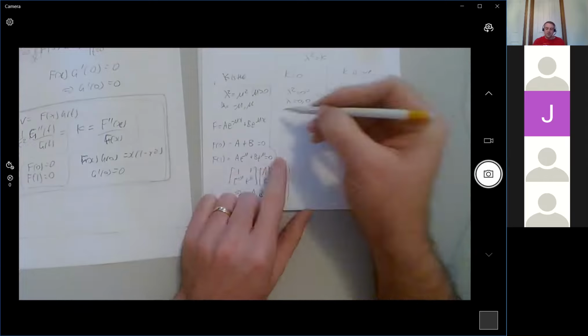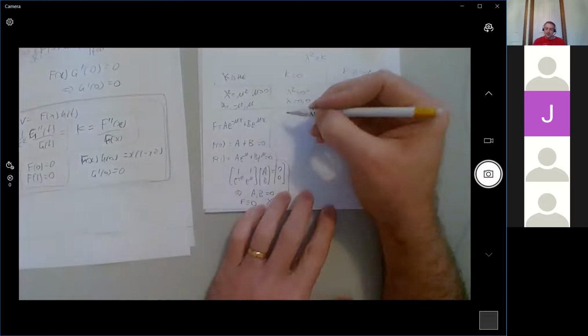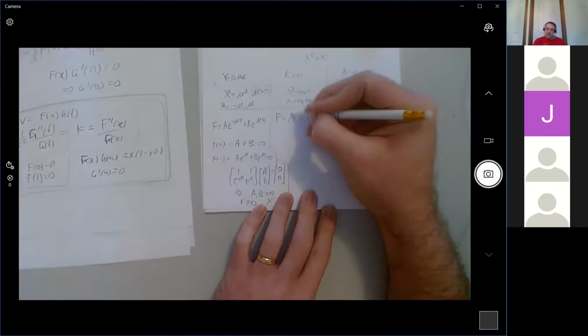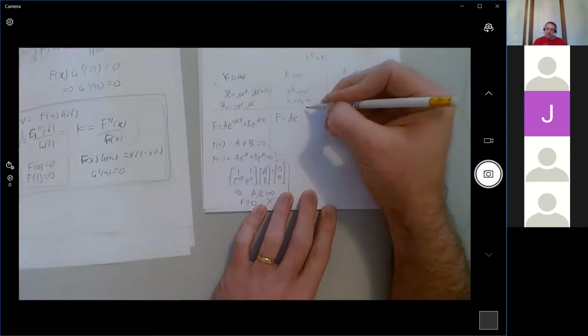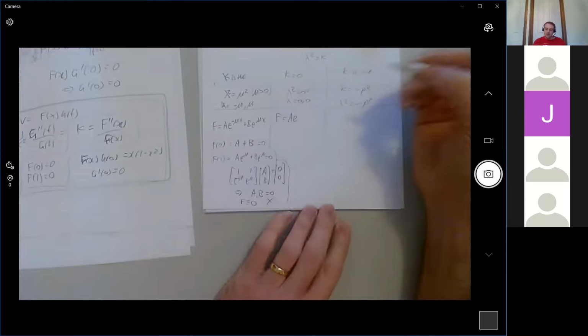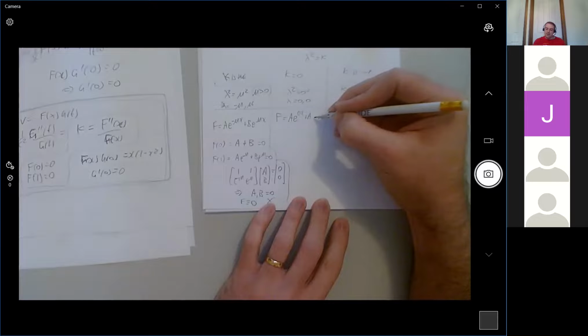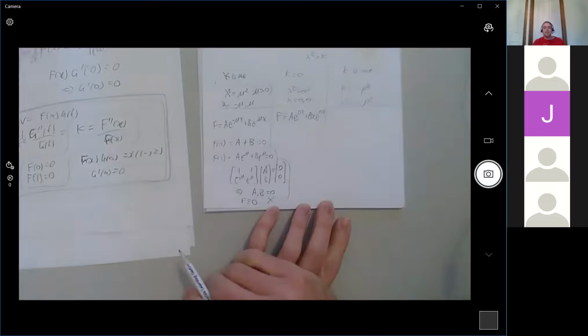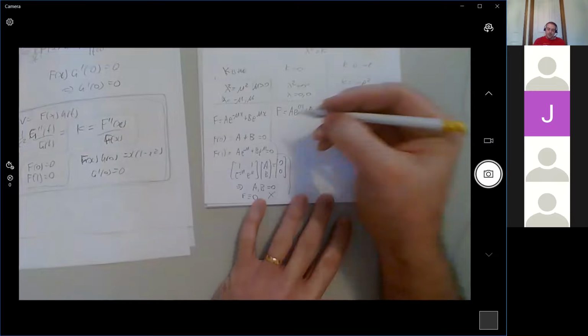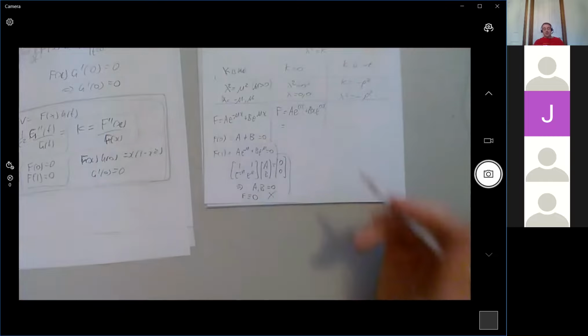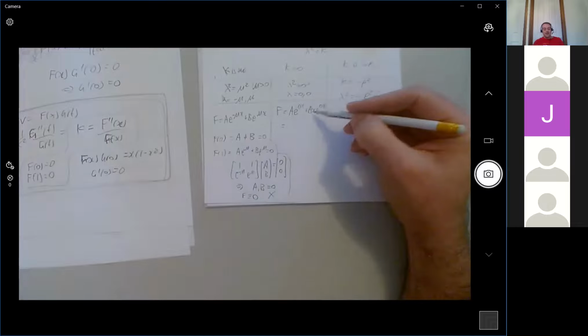Okay, so in this one, we get f has to be a e to the 0x plus b x e to the 0x. Because that's how it works. You're supposed to have e to the number x and x e to the number x.